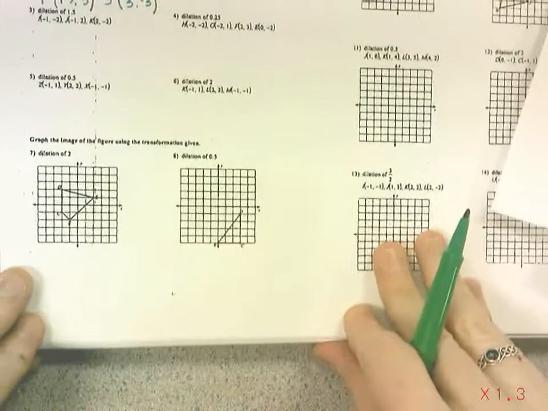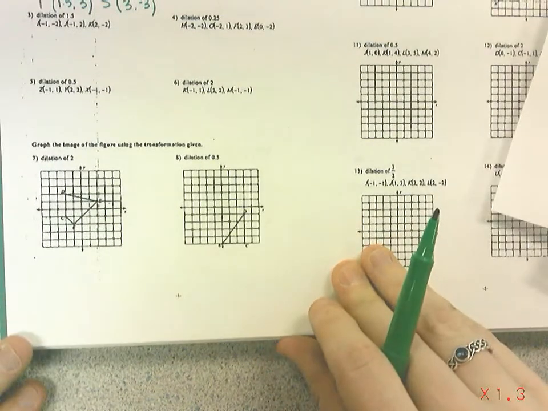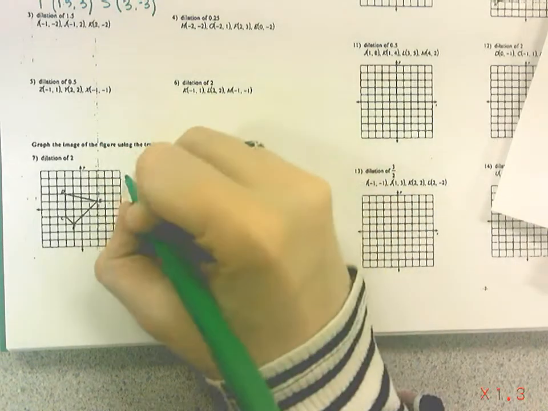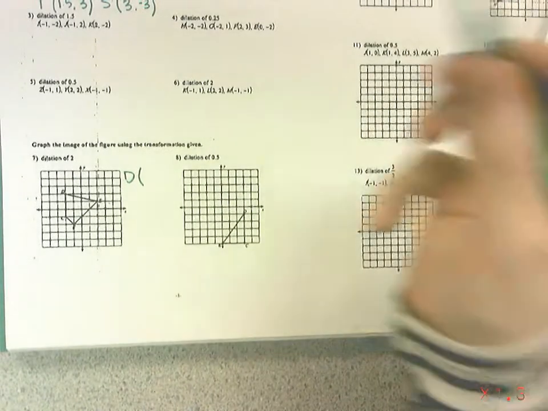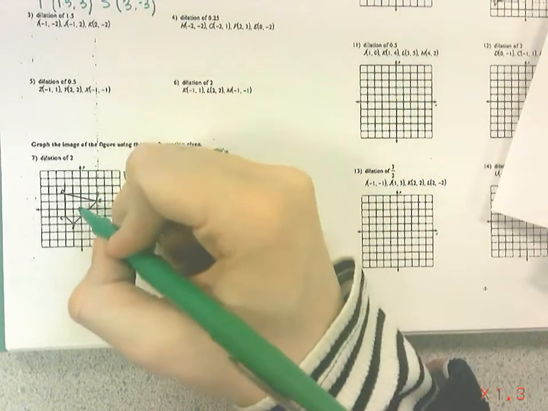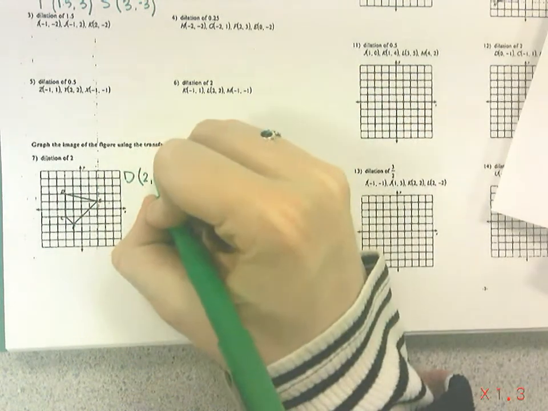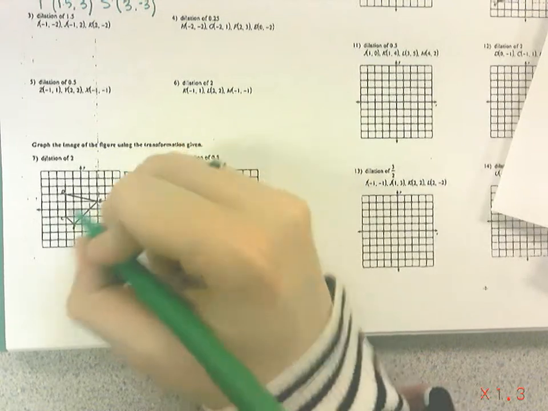All right, so here we have a different type of problem, number 7. It says it's a dilation of 2. In order to multiply our x's and y's, first we have to find out what the coordinates are. So I'm going to write down the coordinates of my picture. D looks like it is at -2, 2.